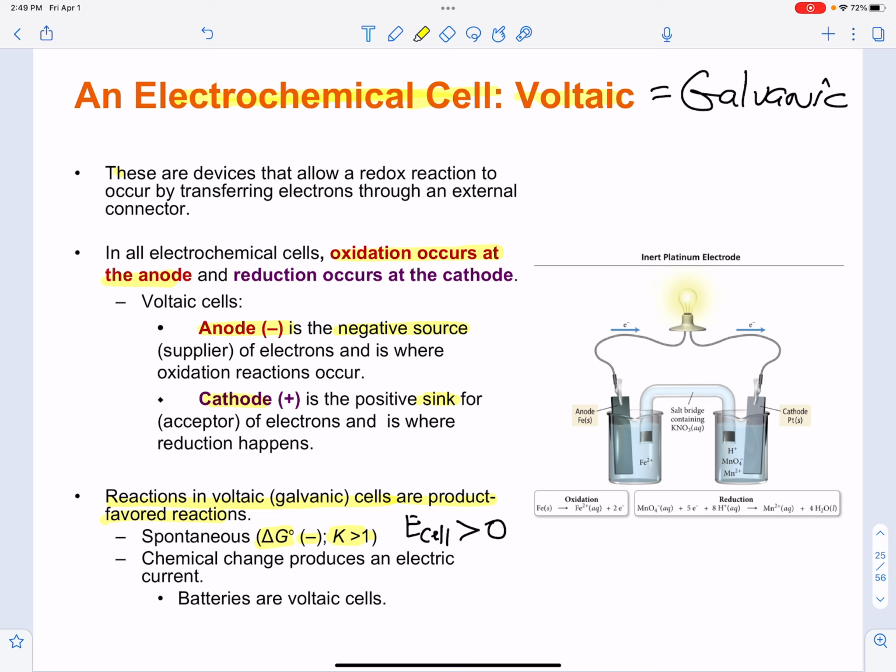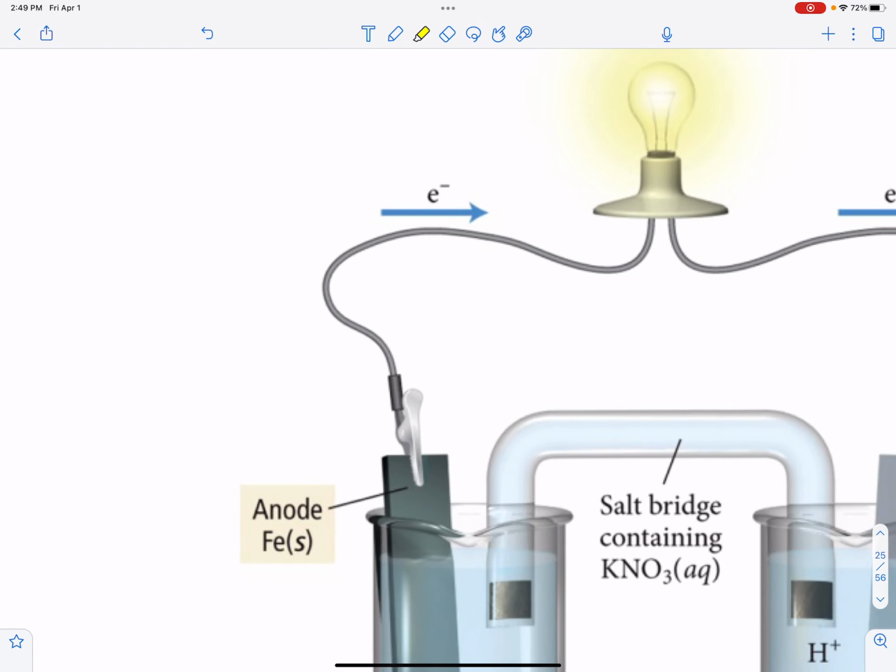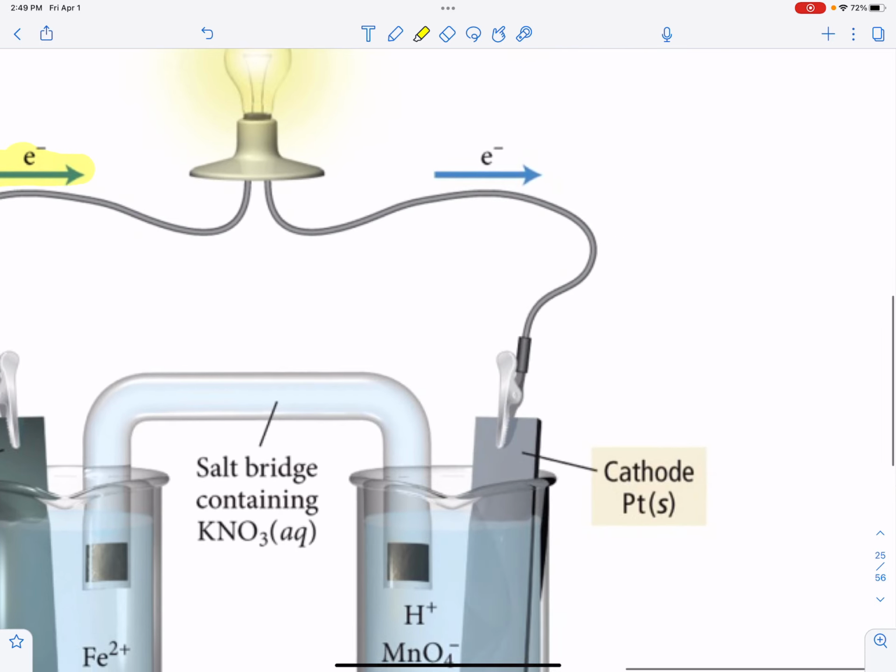And like I told you before, batteries are voltaic or galvanic cells. And the electrons always travel from the anode to the cathode, alphabetically, always from A to C.